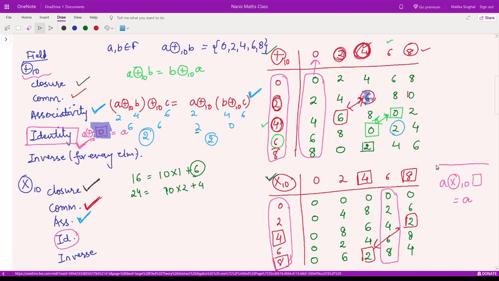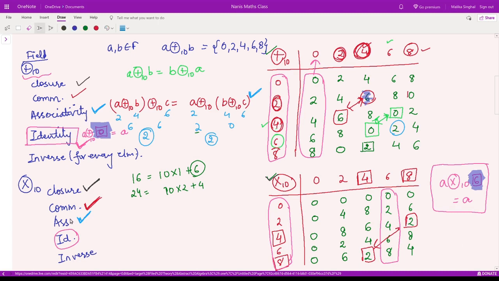This is the definition of identity. So in this case the number would be 6. For example, you do 0 multiplication modulo 10 6, it would be 0. Then you do 2 multiplication modulo 10 6, it would be 2. So that means we are getting the same elements. So the identity in this case is the number 6, right?